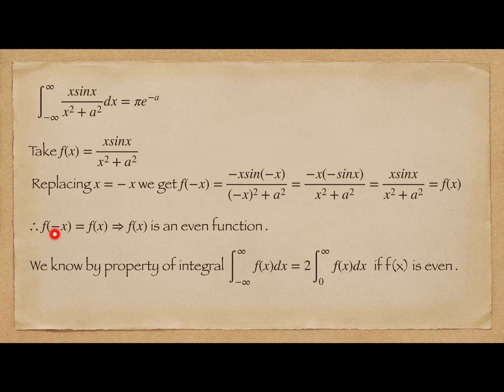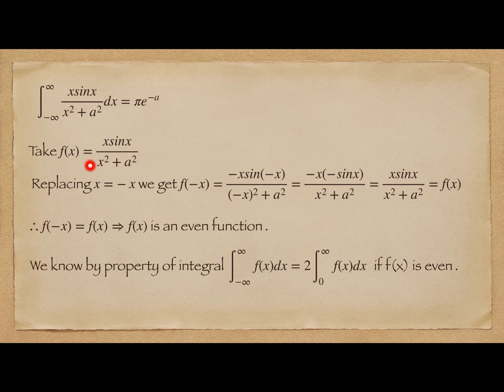So we have f(-x) equal to f(x). That means f(x) is an even function. Whenever you substitute negative values and you get the same function back, it is an even function.